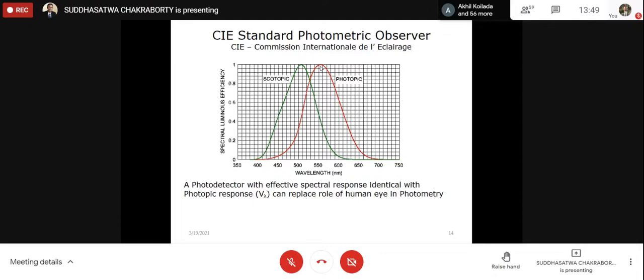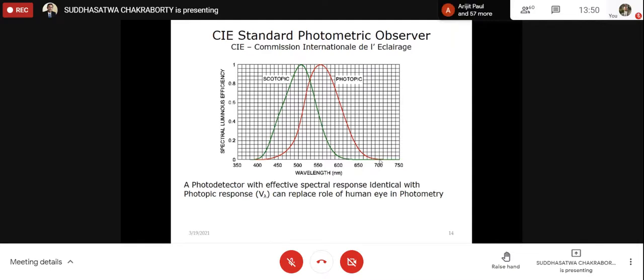The moral of the story is that your human eye curve shifts with the different light level. The green curve is called V dash lambda, or scotopic, and its peak sensitivity comes at 507 nanometer.